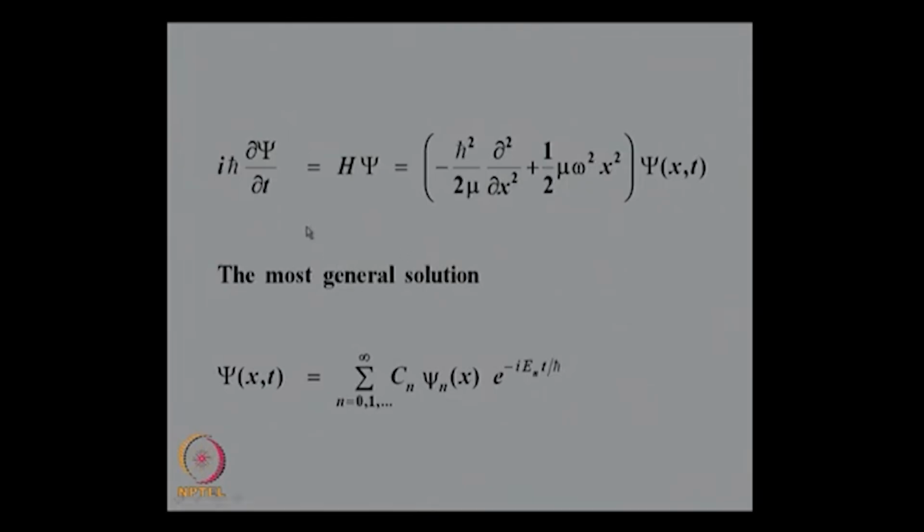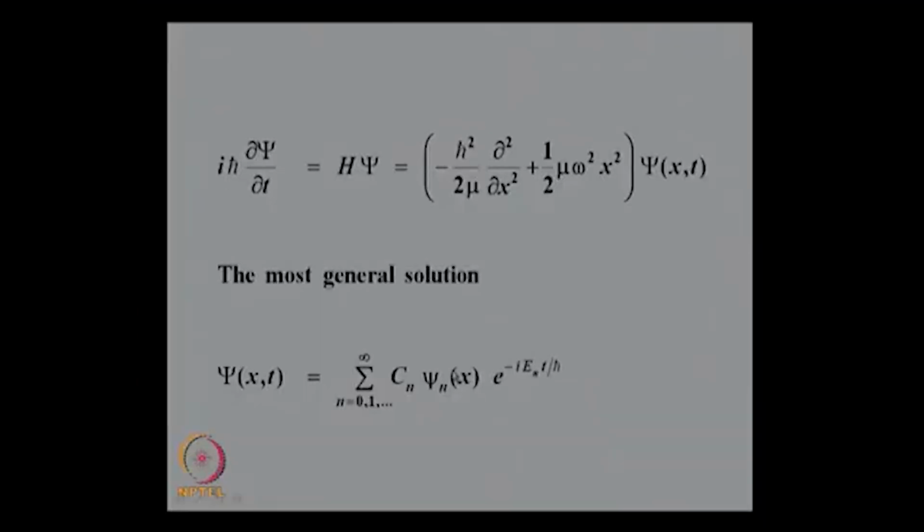So, for the time dependent Schrodinger equation, this is the one dimensional time dependent Schrodinger equation, the most general solution will be given by this. These psi n of x multiplied by this time factor are something like the normal modes of the system. As you may have seen, if you have a stretched string, it has certain normal modes. I have worked these out in my book on optics.